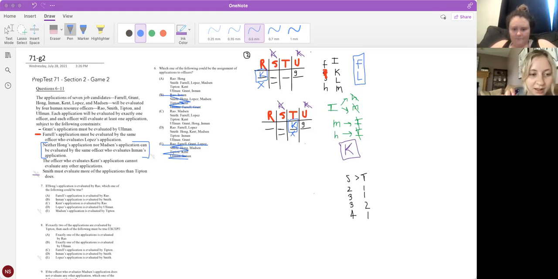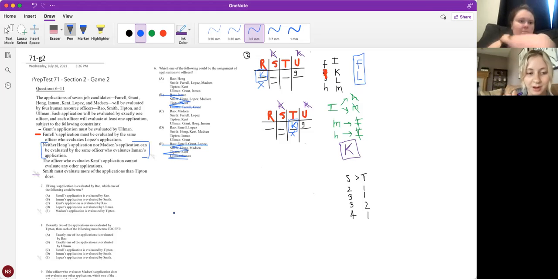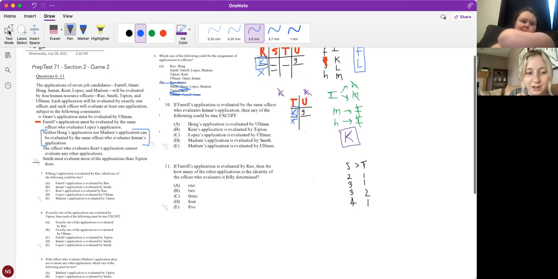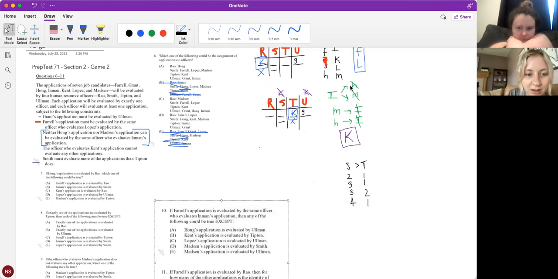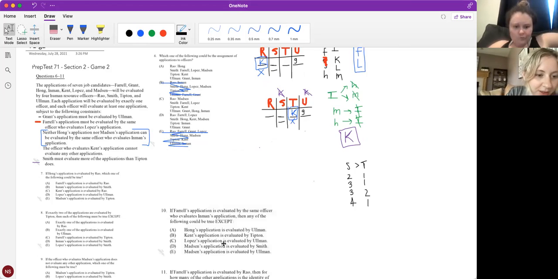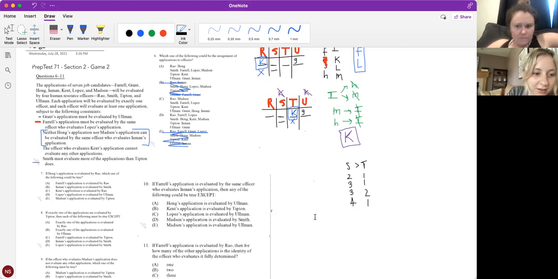The next rule says neither Hong's application nor Manson's application can be evaluated by the same officer who evaluates Inman's application. So those three can't be together.